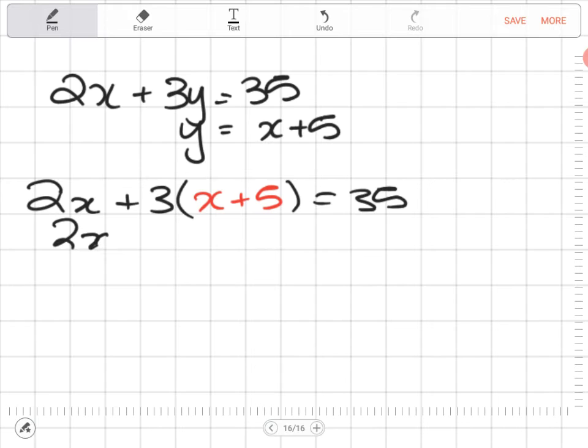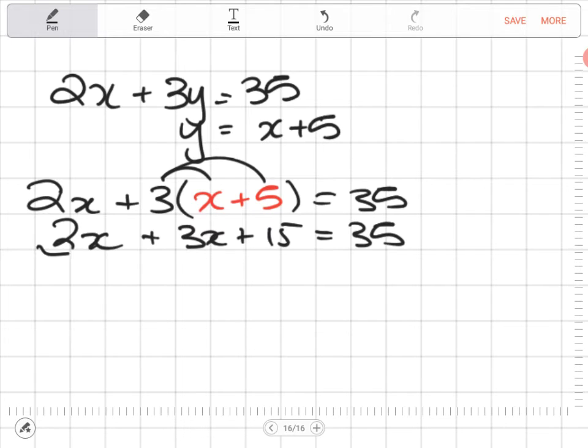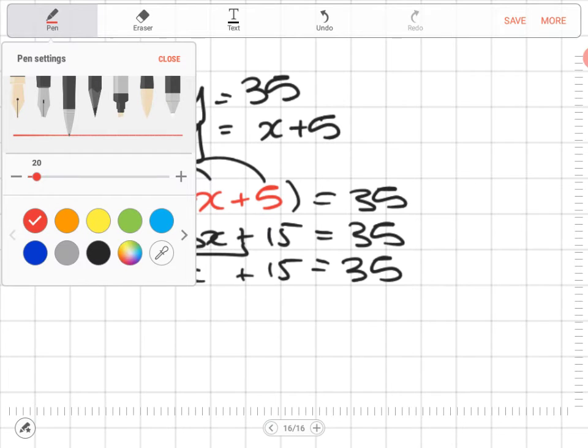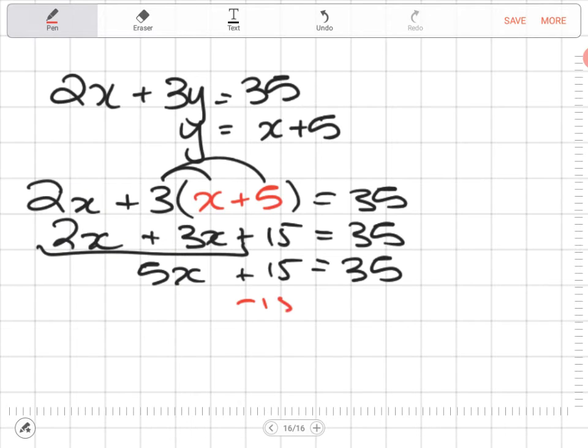Expand your brackets, so we're going to have 3x plus 15 is equal to 35. Join your like terms, so 5x plus 15 equals 35. And we are going to go through and minus 15 from both sides.